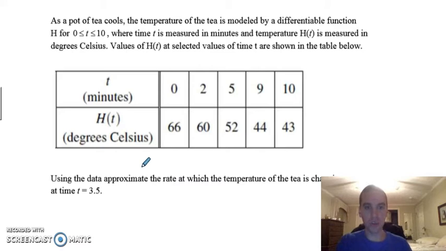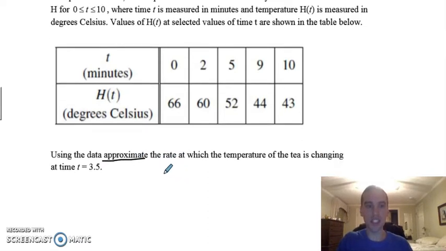A pot of tea cools, and it's given that this is some of the data values that were collected. So it says approximate. As soon as you see the word approximate, we know we're going to find the slope. The rate of change at which the tea is changing at 3.5. Where you look and go, well, there's not 3.5, but what is in between 2 and 5? But 3.5.